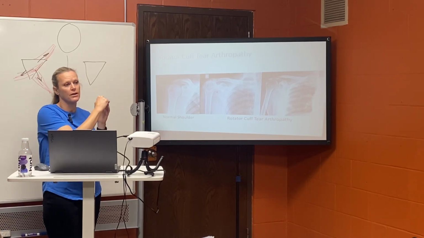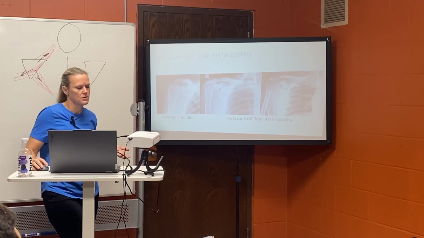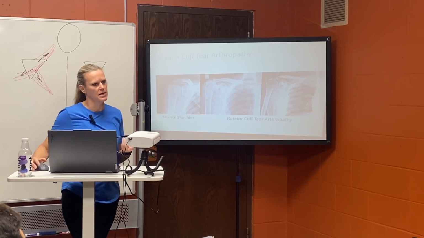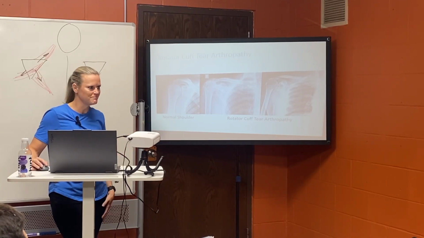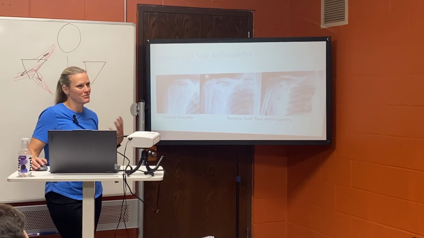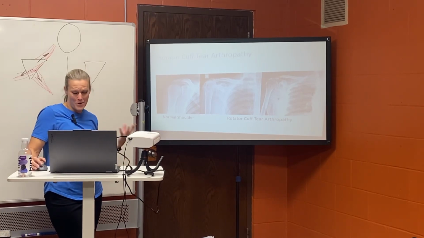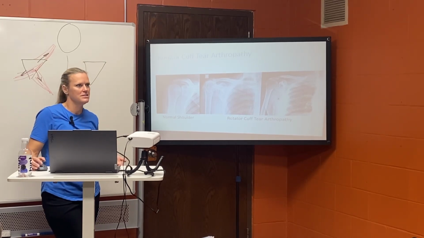That person is wearing away that bone at the top. So the reason why we know this person doesn't have a rotator cuff without doing an MRI is the rotator cuff lives right here. Well, that bone is touching that bone. It's not there. That rotator cuff is gone. So this is why we also don't want rotator cuff tears, you will go on to develop arthritis.